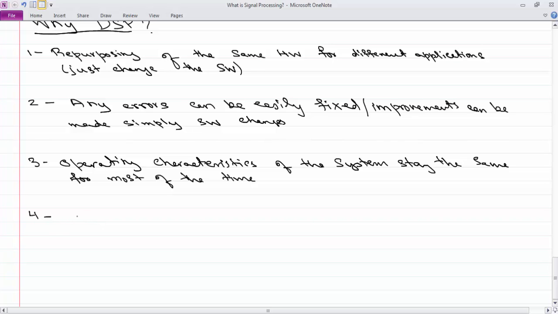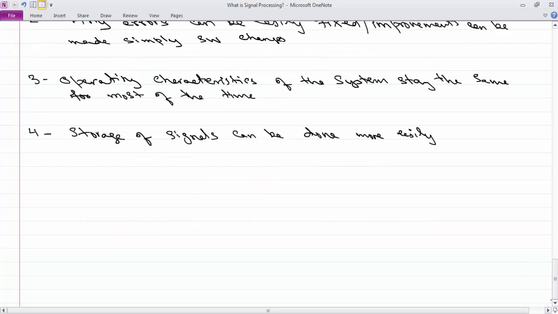And the other thing is that storage, as long as you have the right storage, replication of information, storage of signals can be done more easily because of the digital nature.